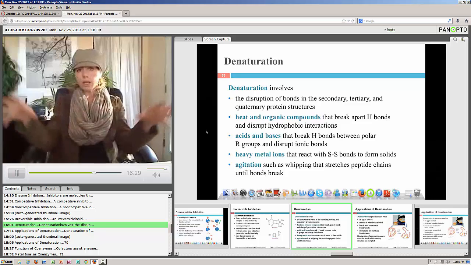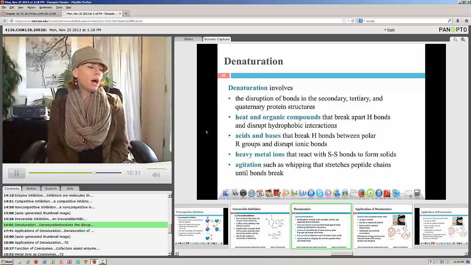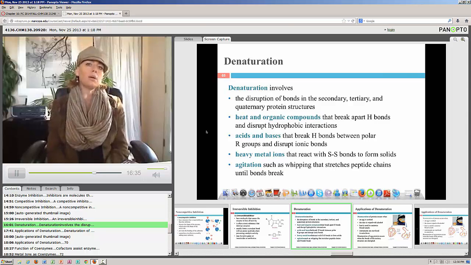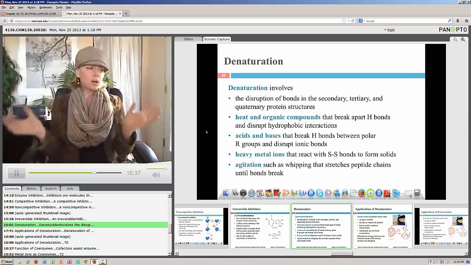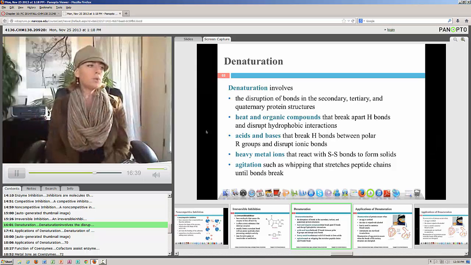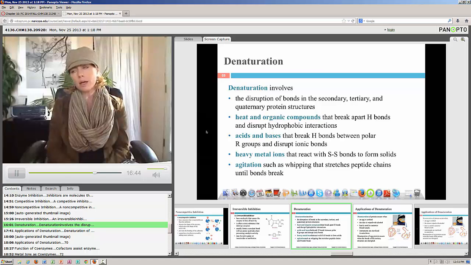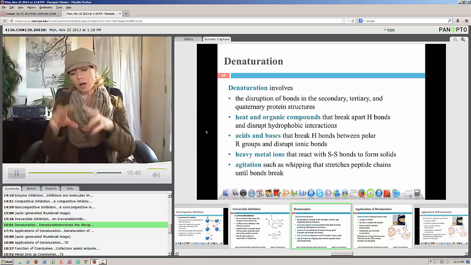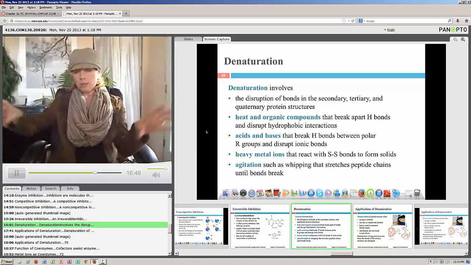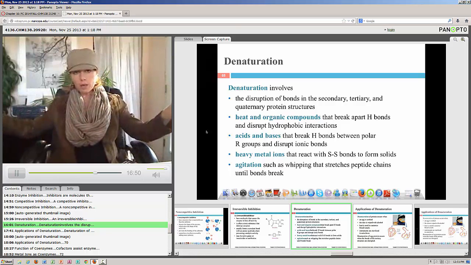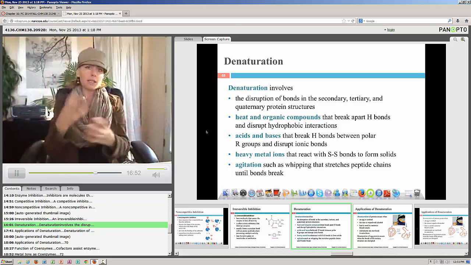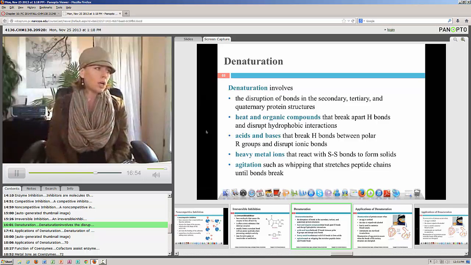When you do that, you've denatured the protein. You can also put it in the presence of non-optimal pH solutions, and those will cause the H bonds to break up, and it disrupts the ionic bonds as well, and so it causes the protein chain to dismantle. It stays within its primary structure but doesn't have that secondary, tertiary, or quaternary structure.